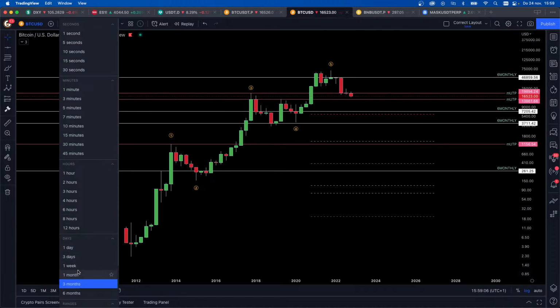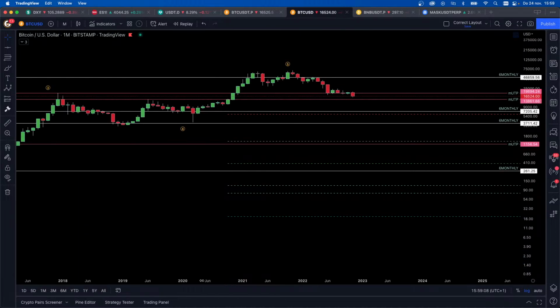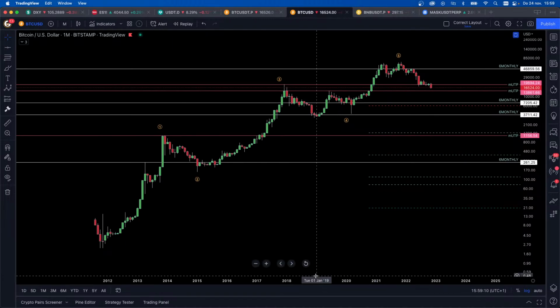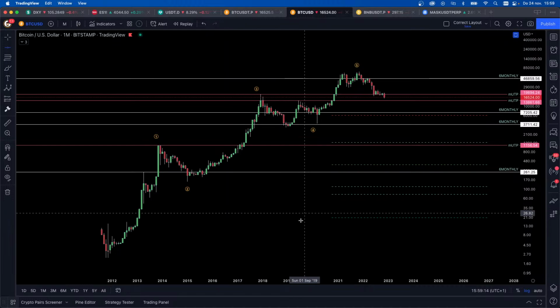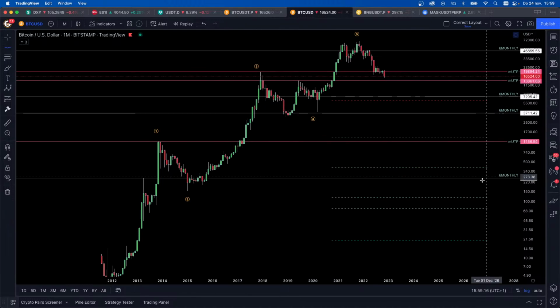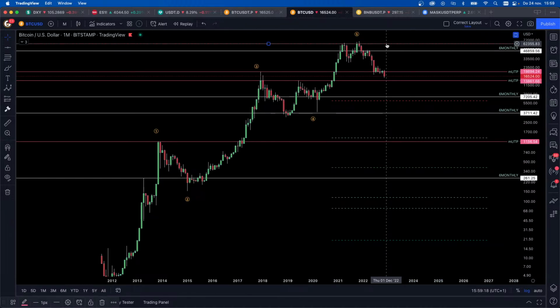Next I go on a monthly time frame. I look for monthly levels.